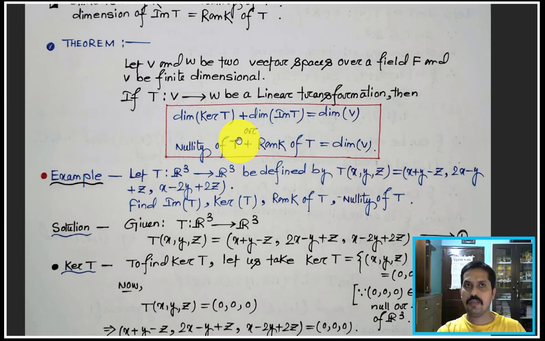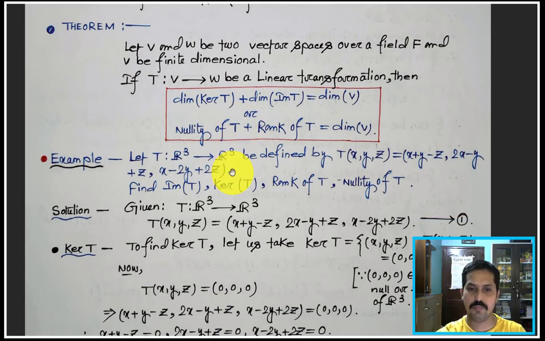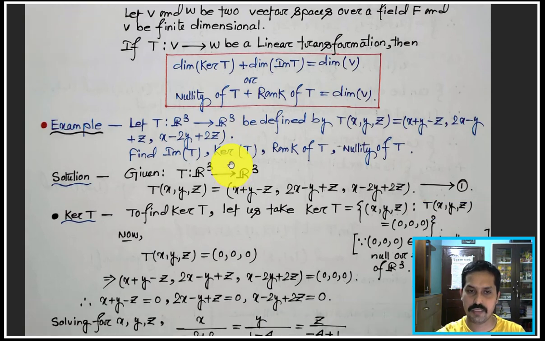I gave two examples, one for image and another for ker-T. In this tutorial, I want to show one particular example, in which I will have to find imT, ker-T, rank of T and nullity of T all together.